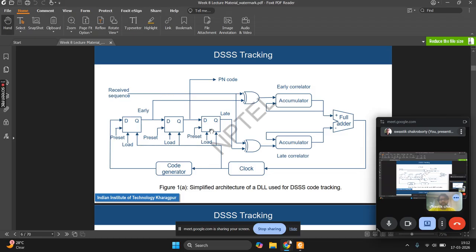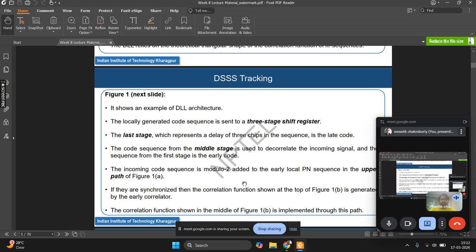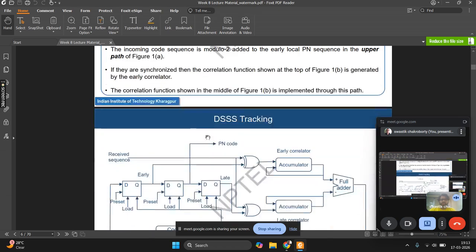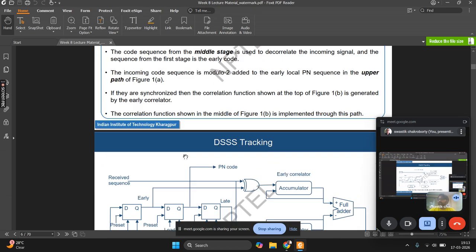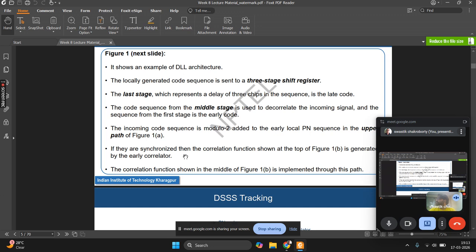It basically has D flip-flops, XOR gates, accumulators, adders, and clocks, and a code generator which generates the PN sequence as and when required. The locally generated code sequence is sent to a three-stage shift register.